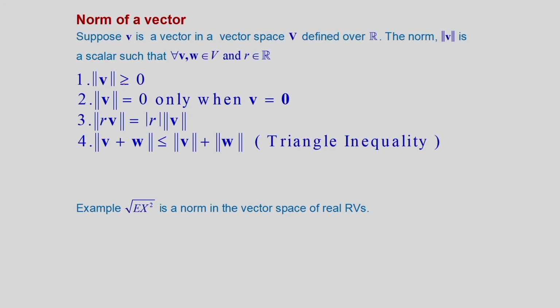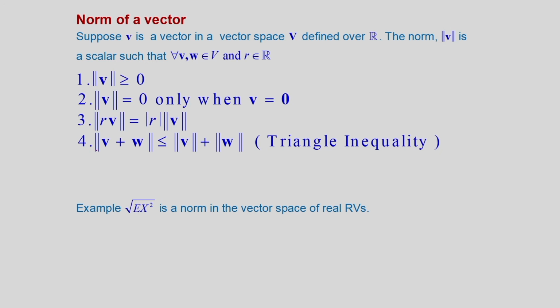So, norm of V is always greater than or equal to 0. Then when will the norm be equal to 0? Norm will be equal to 0 only when V is equal to 0, that is, the vector itself is the 0 vector. Then the norm of a scalar multiplication of a vector is equal to the magnitude of the scalar, because the scalar is a real number, multiplied by the norm of the vector.